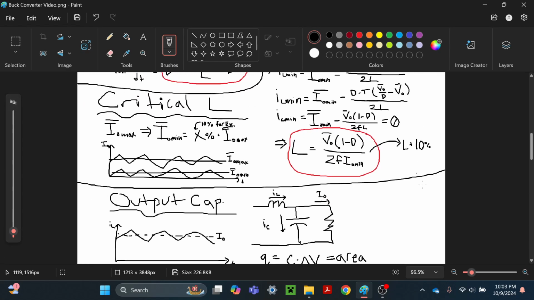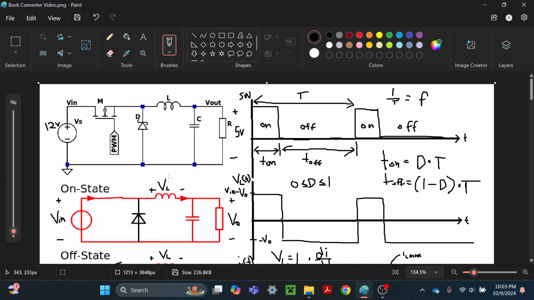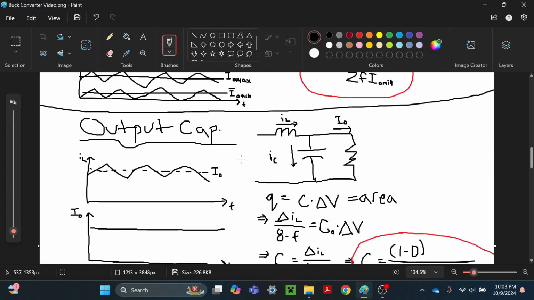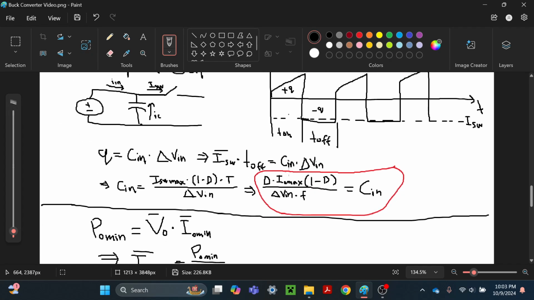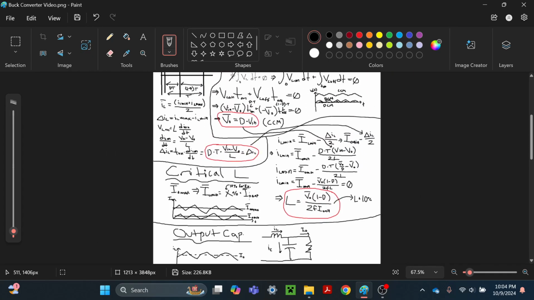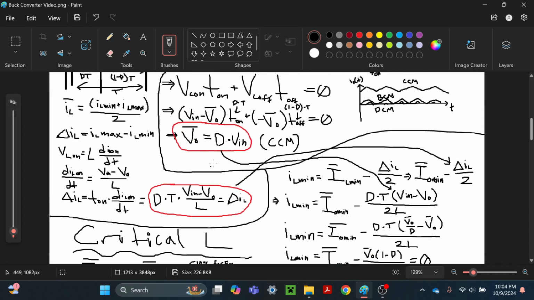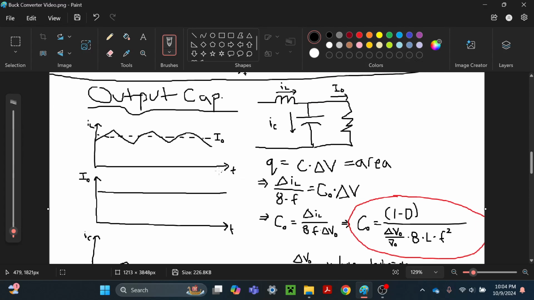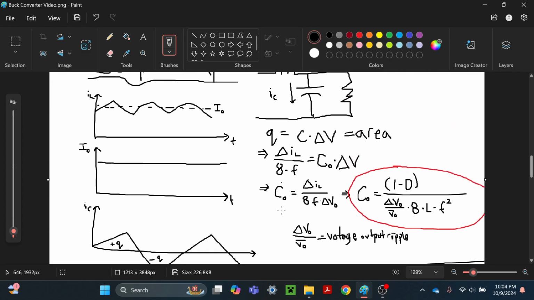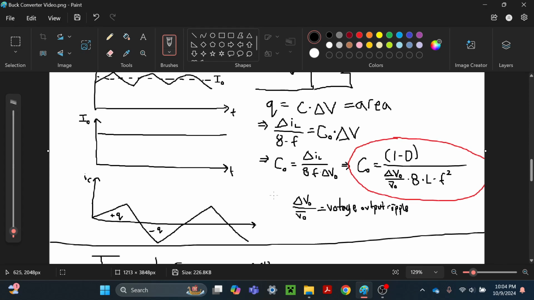We could just say add 10% just to make sure that we keep it above boundary conduction. And then we can also use these derived equations for calculating the output capacitance and the input capacitance for a desired input and output ripple.